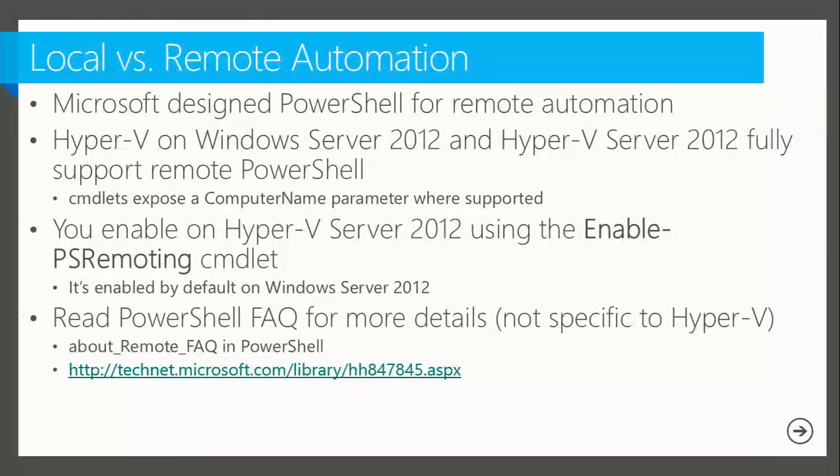And then if you take a look at the PowerShell FAQ, and what's nice about this is you can run this from within the PowerShell window, or you can go to this URL, and it documents a lot of different things about remote connectivity and different things you can do as far as remote execution of code. And a lot of the things I'm doing here, I'm going to the server saying, give me some data, pipe it back, and bring it to my local environment. But you have basically as much control as you configure with Hyper-V security to do what you want.